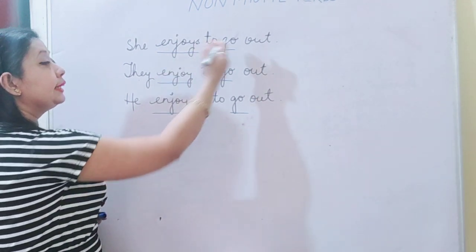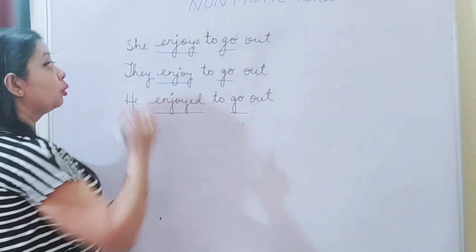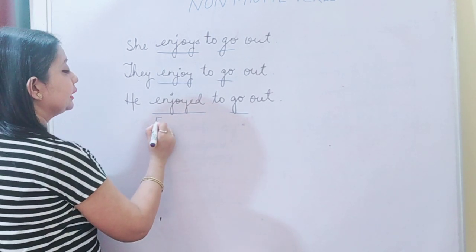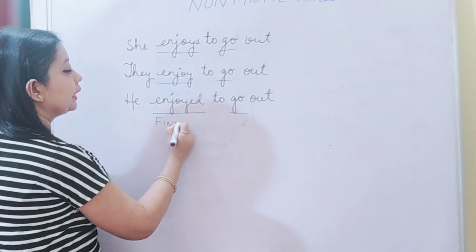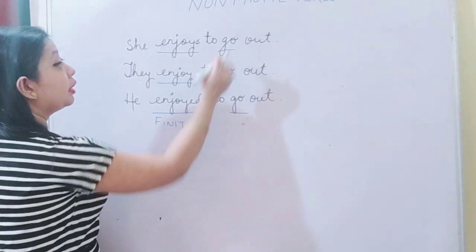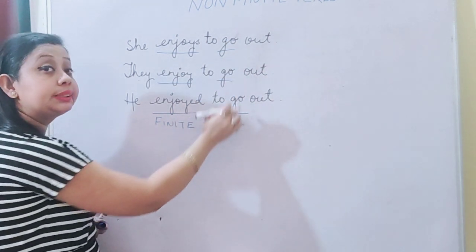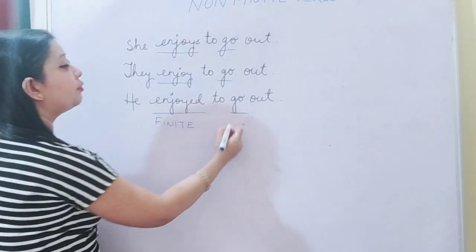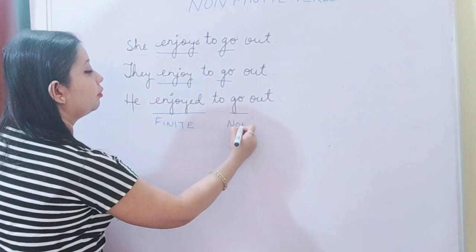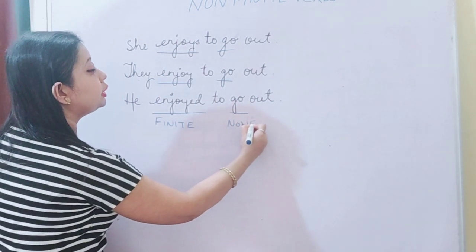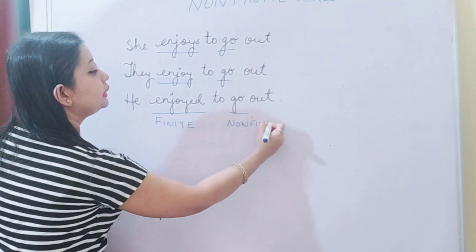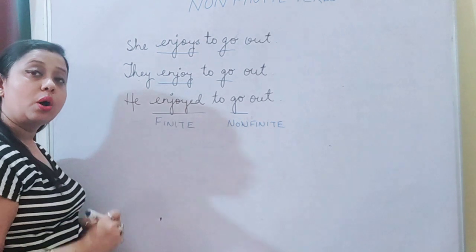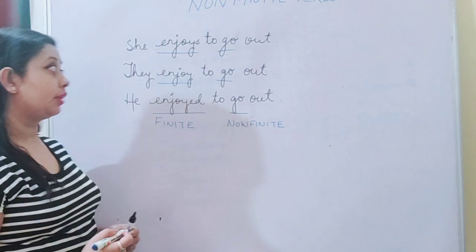But these did not, which means that because they have changed, we already learned that they are finite verbs. And the verb which did not change in all the three cases is a non-finite verb. The verbs which do not change according to tense, number and person are called non-finite verbs.